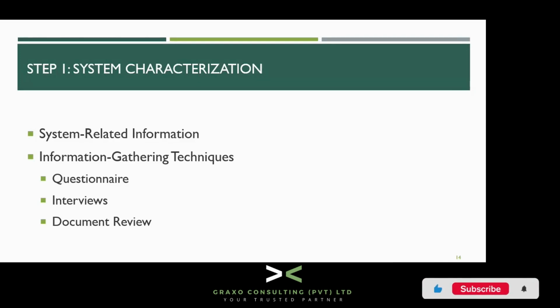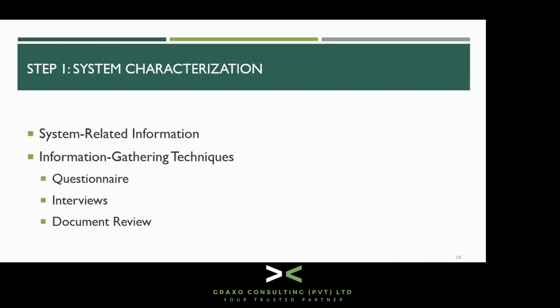For example, how their system is operating and how their mission critical processes are being performed. On-site visits also allow risk assessment personnel to observe and gather information about the physical, environmental, and operational security of the IT systems. In the end, another information gathering technique is document review.